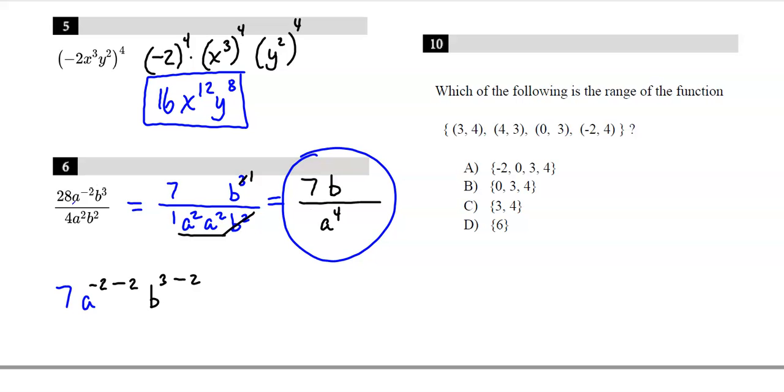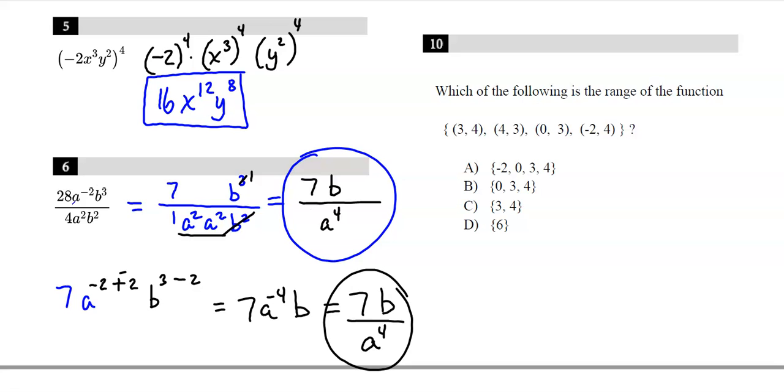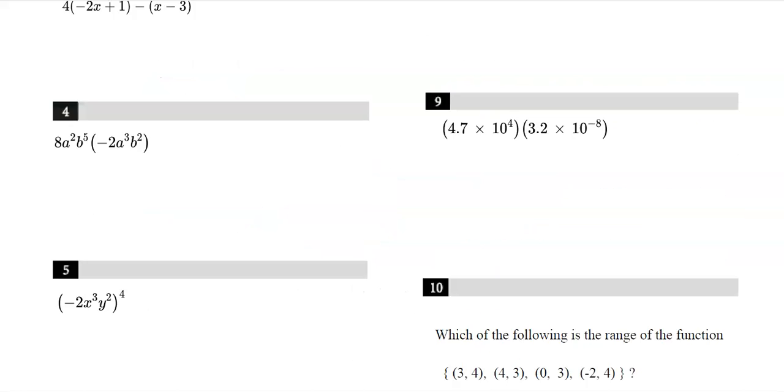So if I'm doing this way, this would actually be 7a to the negative 4th, and then b to the 1st. But then you'd have to fix it, and you'd have to do the reciprocal of a, or 1 over a, to the positive 4th. So either way, you get to the same place. I just like fixing negative exponents early in the problem.